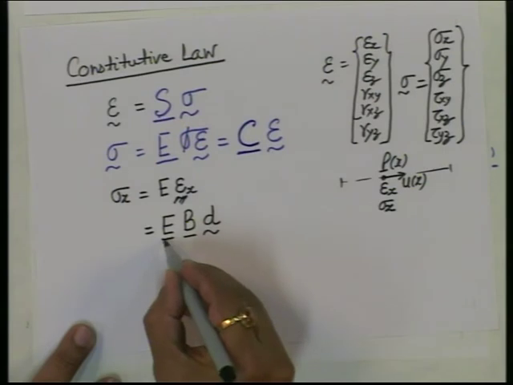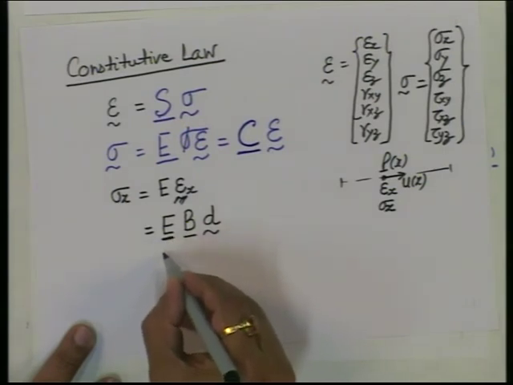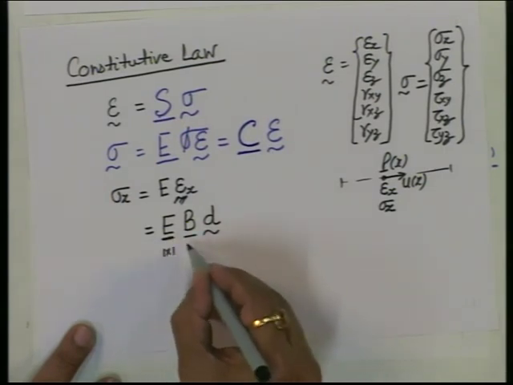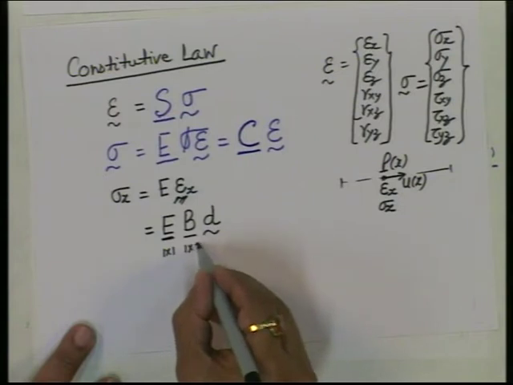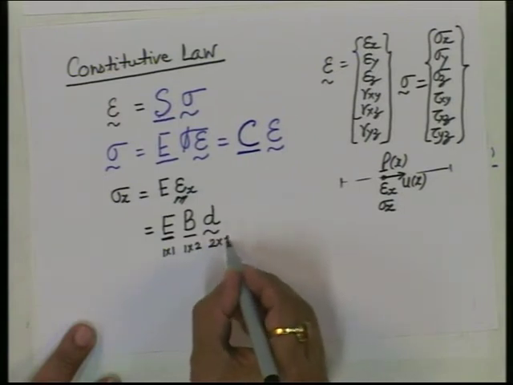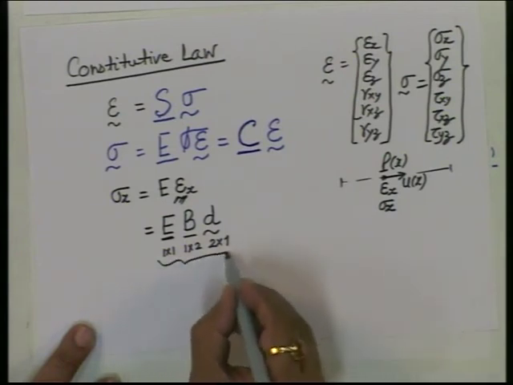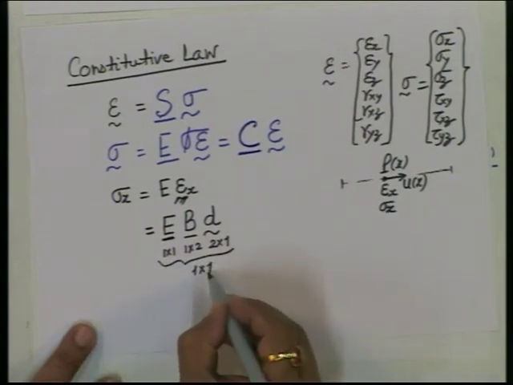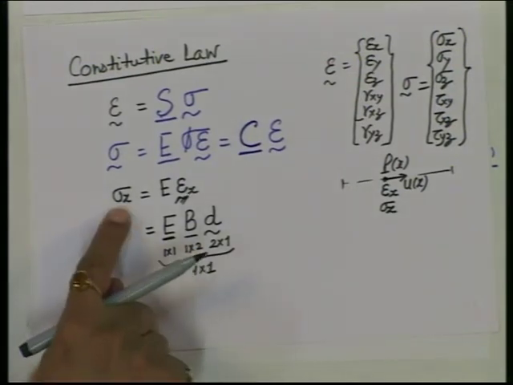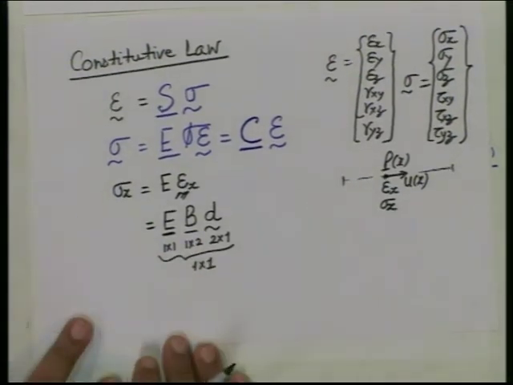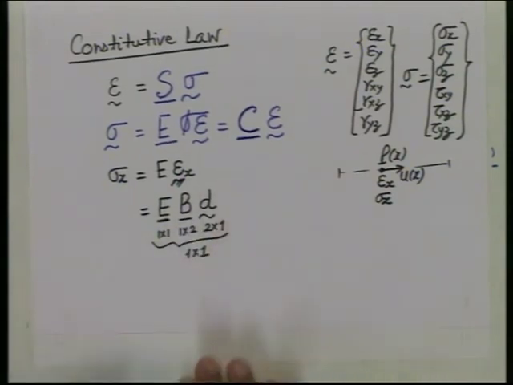So, the final quantity is a single scalar, but you can write a general formula that sigma equal to E B D.